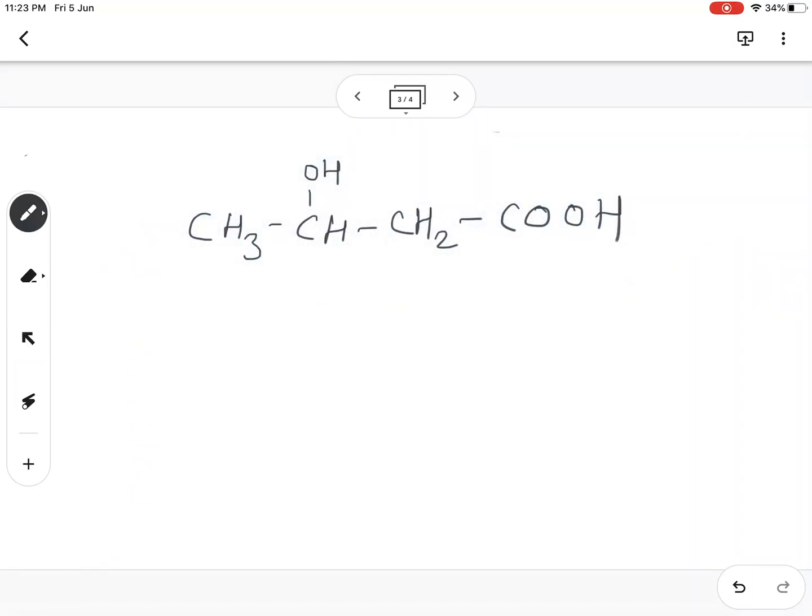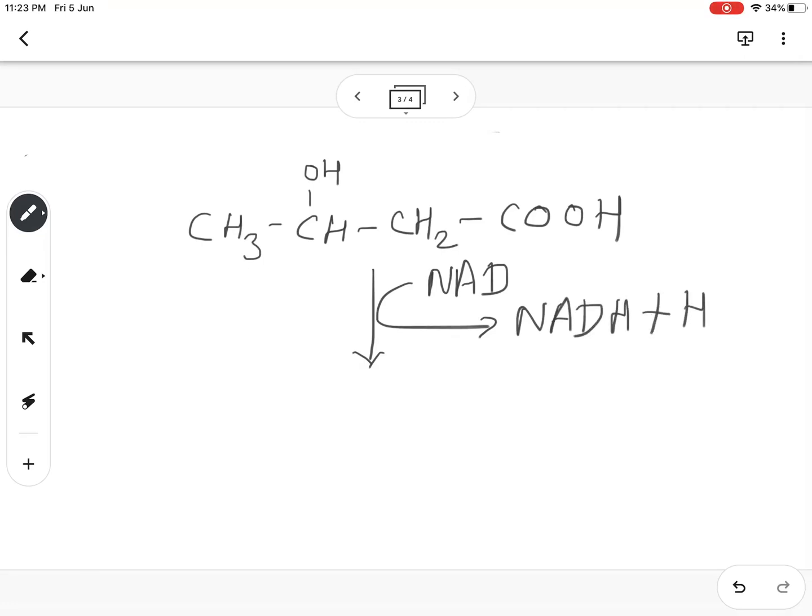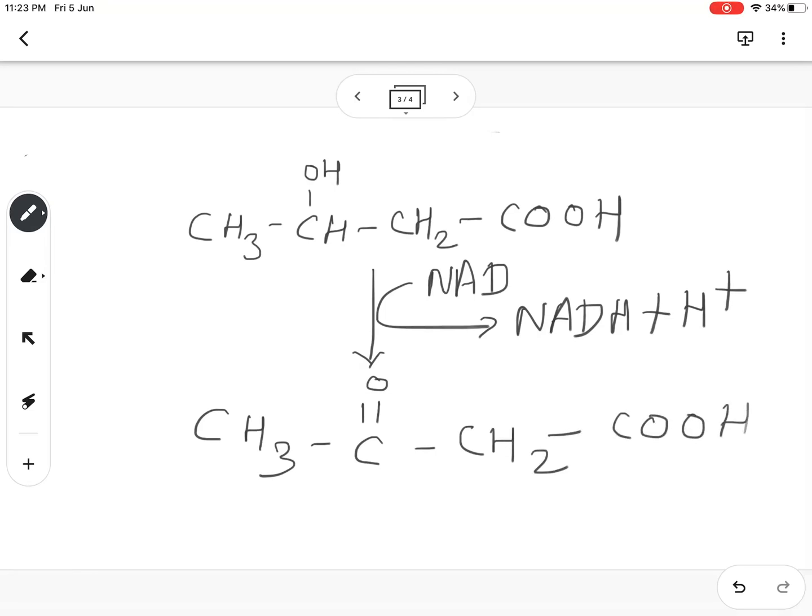So with the help of NAD, this molecule is oxidized and NAD is reduced to NADH plus H plus, and here the beta carbon undergoes oxidation to form a molecule of beta ketoacetate or acetoacetate. This is a molecule of acetoacetate.